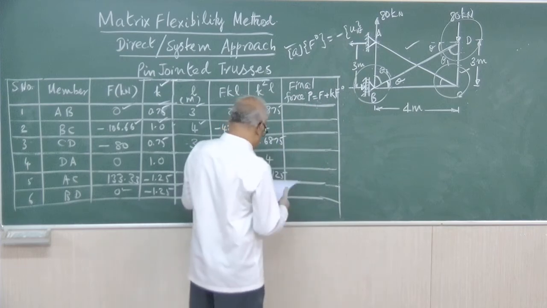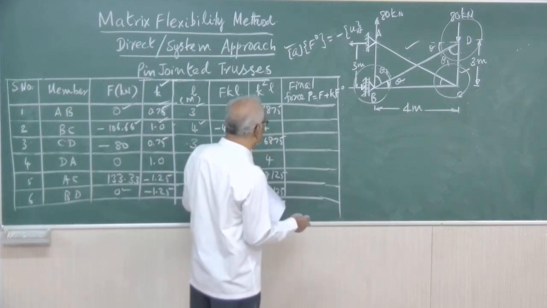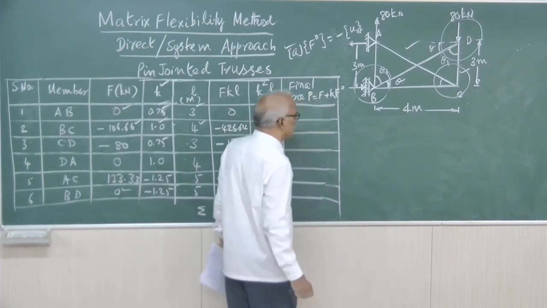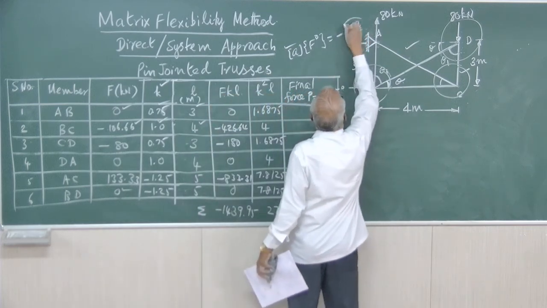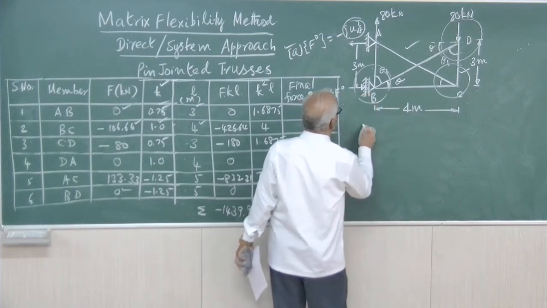Now, the displacement due to the given external loading on the primary structure. So UIF is the displacement in the primary structure due to the given loading.